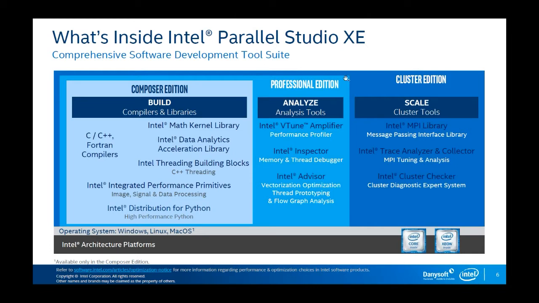And the most complete edition is the Cluster Edition, which includes the Composer and the Professional, and is also focused on scalability. So it is focused on cluster tools and evaluates how our application can be run on different types of nodes.